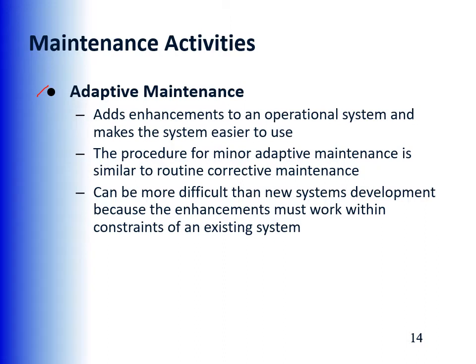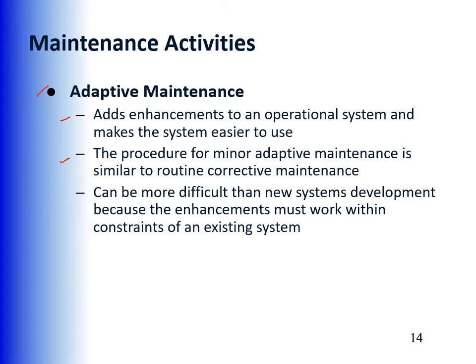Adaptive maintenance adds enhancements to an operational system and makes the system easier to use, for example, a new feature or capability. The procedure for minor adaptive maintenance is similar to routine corrective maintenance.